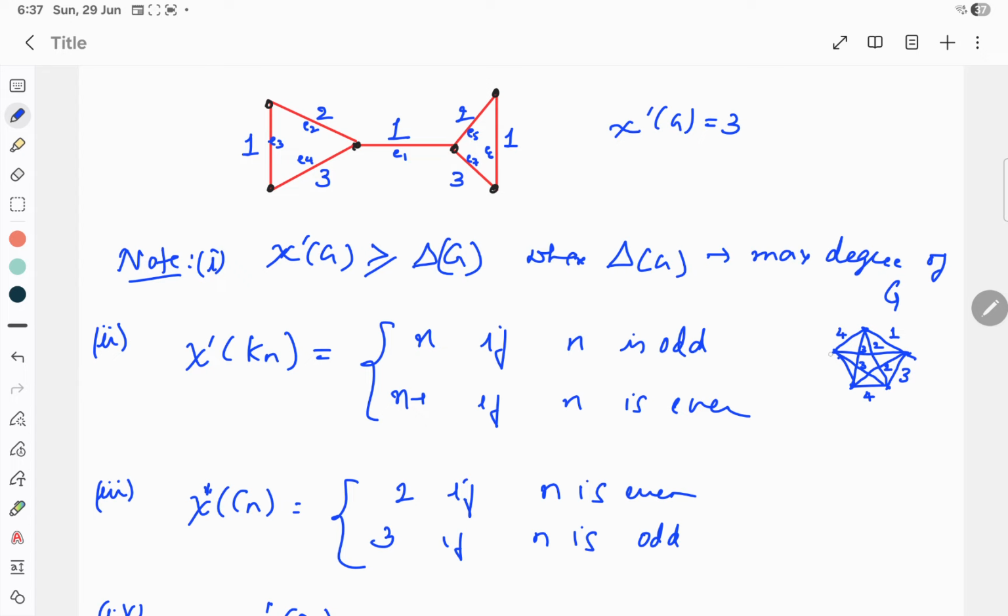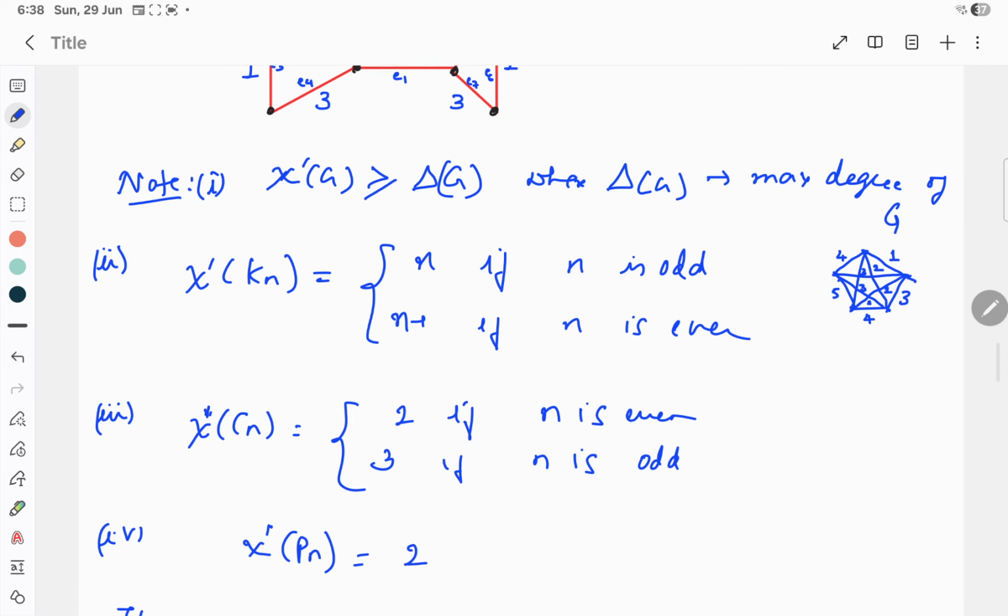Now this edge is adjacent to 4, adjacent to 3, and also adjacent to 2, so this should be 1 and therefore it is 5. So 5 colors are required to color an odd complete graph. Similarly, you can check that for an even complete graph, it is n minus 1.